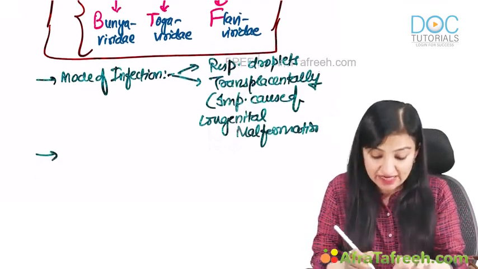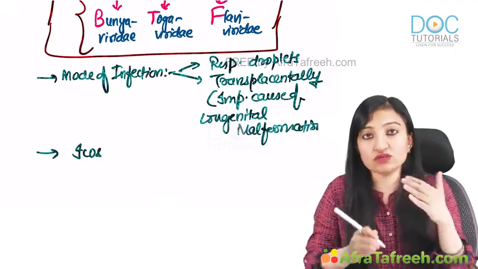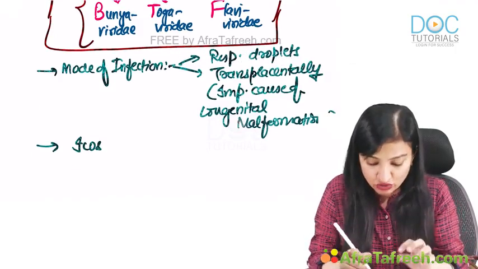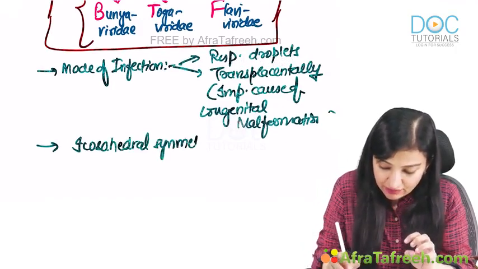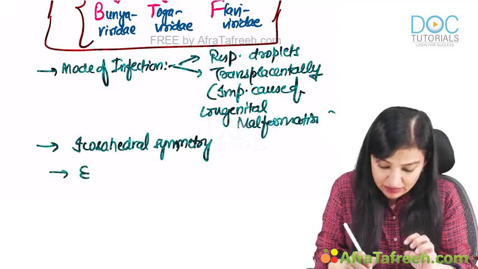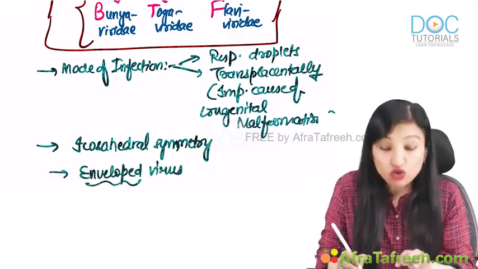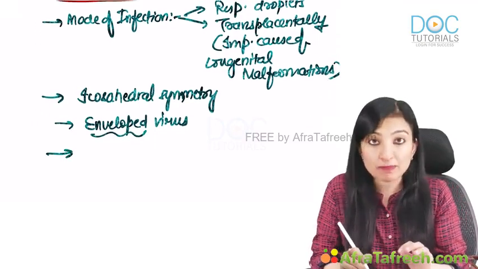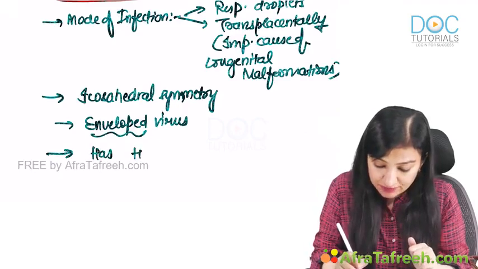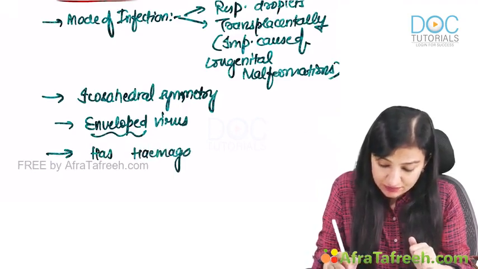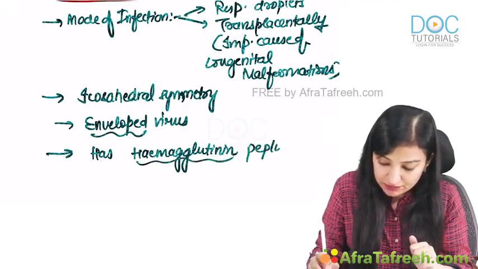Now, I said it's an RNA virus, and the symmetry of the capsid is icosahedral symmetry, and remember, it's an enveloped virus. Now, when we are talking about envelope, we should know about the peplomers also. What important peplomer is there? This virus has got hemagglutinin peplomers.